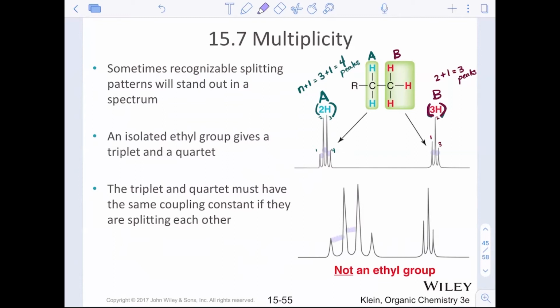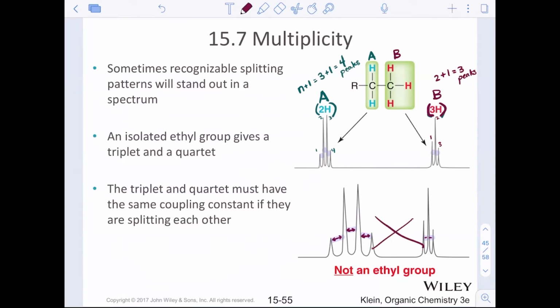This set distance is not the same as this distance. So these 2 signals are not neighboring each other. Very, very important. Their actual coupling constant, which is the J value, goes in depth in the textbook. I'm not going to be talking about those values, but what's really important is this distance here is going to be consistent for neighbors. All right, so because these 2 distances are different, these are not neighbors.